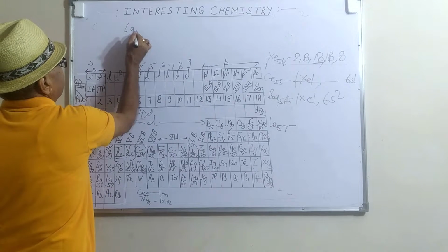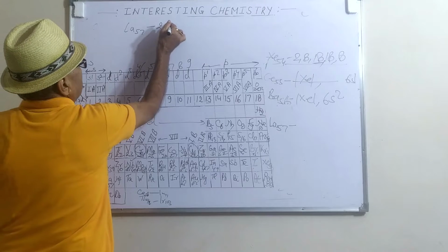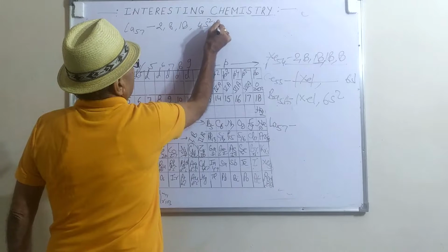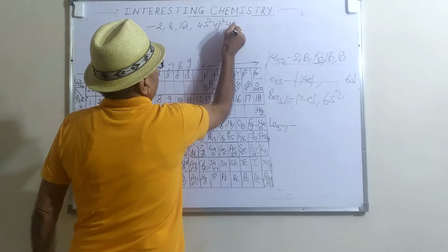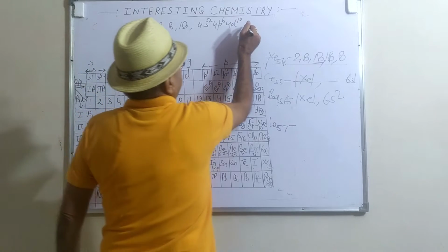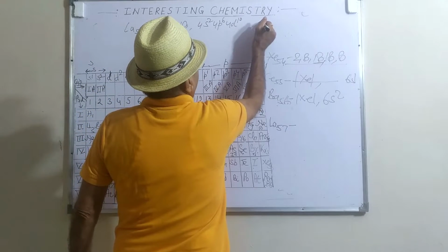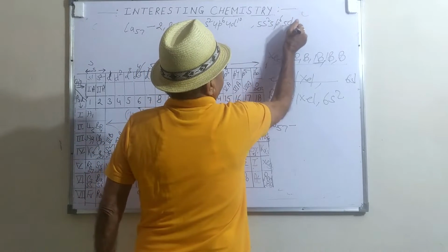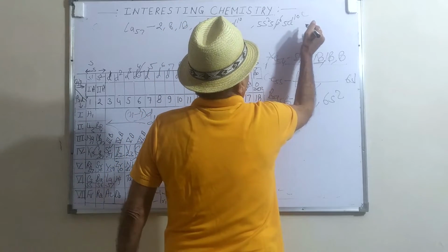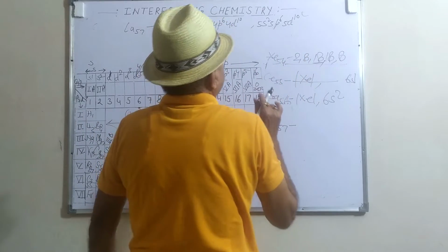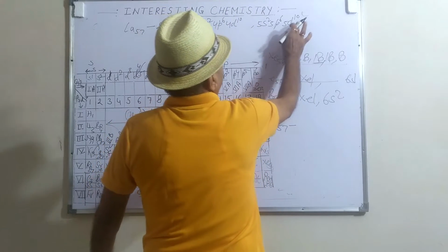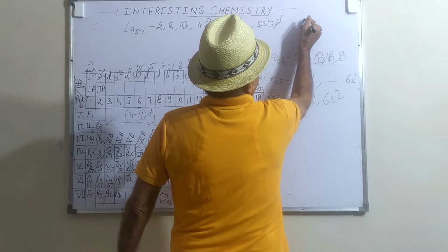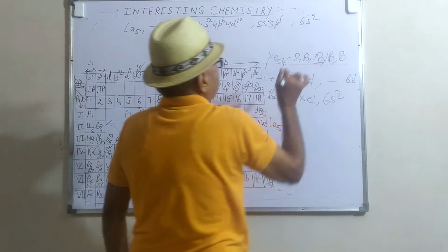Lanthanum is 57. So I will write here 2, 8, 18 and 4s2, 4p6, 4d10 and here 5s2, 5p6, 5d10 and 6s2.